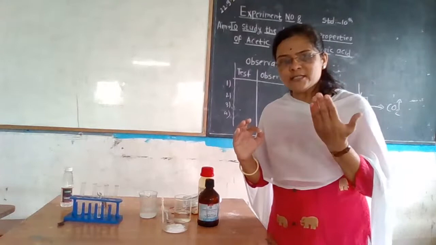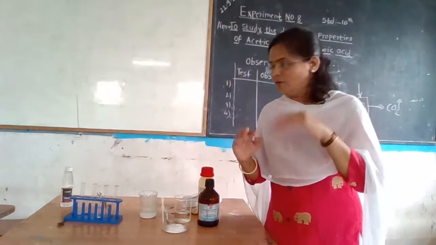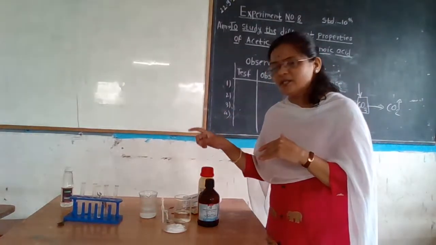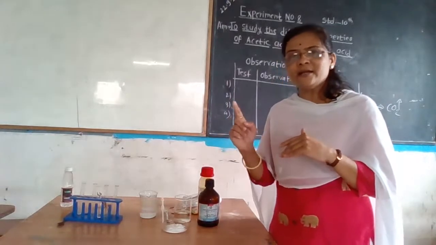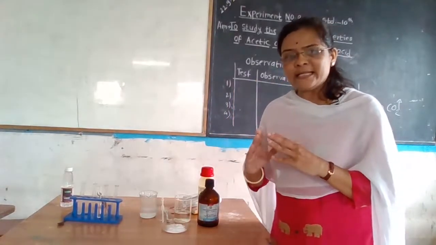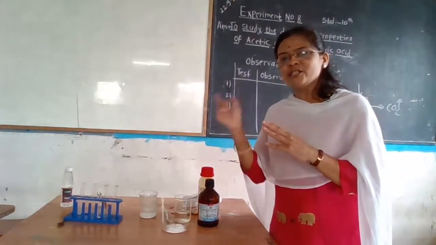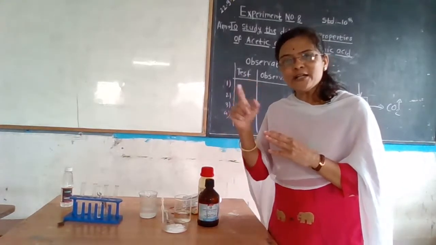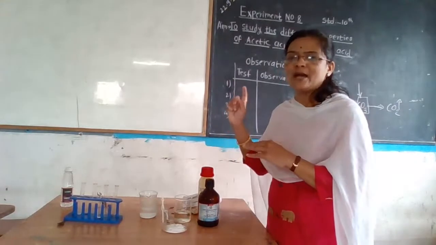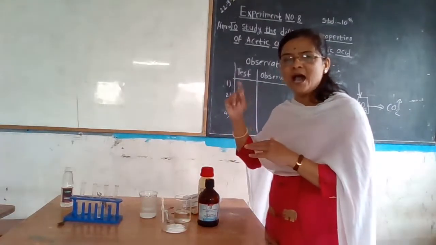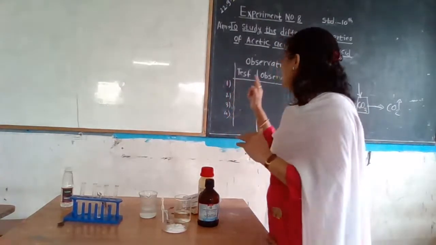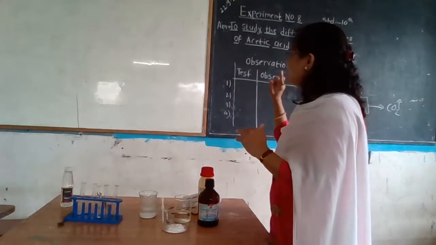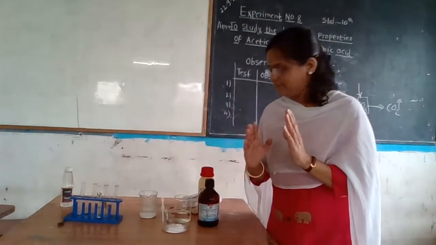And students, for competitive examinations, acetic acid, its uses and its reactions are important, and the functional group of acetic acid is a carboxylic acid, that is RCOOH. This overall study is very important.